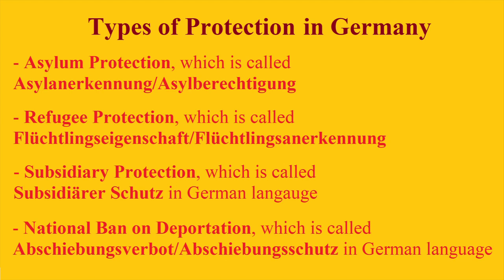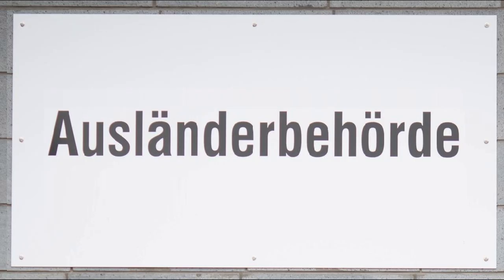This protection can be an asylum protection, which is called Asylanerkennung or Asylberechtigung, or a refugee protection, which is called Flüchtlingseigenschaft or Flüchtlingsanerkennung, a subsidiary protection, which is called subsidiärer Schutz in German, or you may get a national ban on deportation, which is called Abschiebungsverbot or Abschiebungsschutz in German.